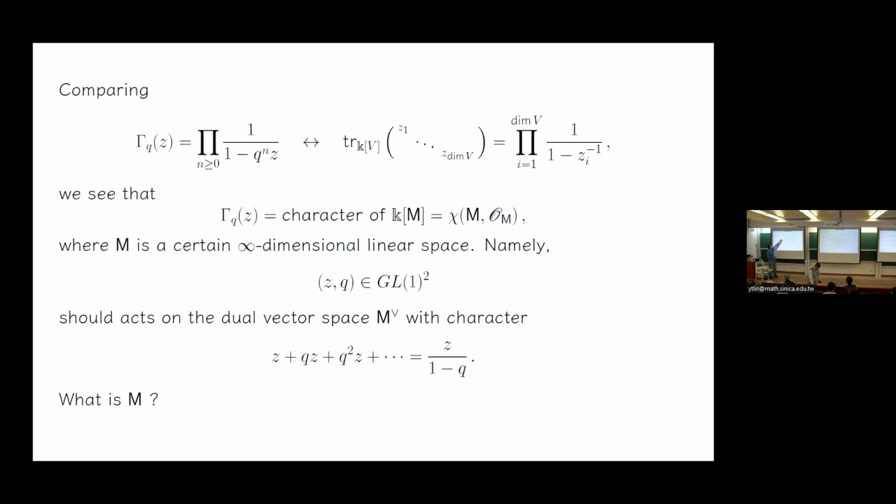If it was a finite product, with finitely many terms like that, that would be the trace of a diagonal matrix, with eigenvalues Z1 through Zn acting on the space of polynomials on some vector space. But the Q gamma function is an infinite product, so that means we have to act on an infinite dimensional space.